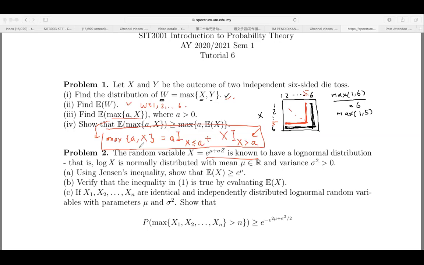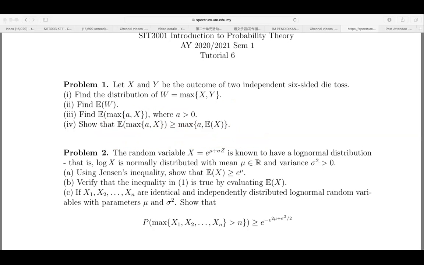Right, okay, so anybody wants to try problem 1? If you try it, you will learn something, yeah? Okay, anybody wants to try number 1?